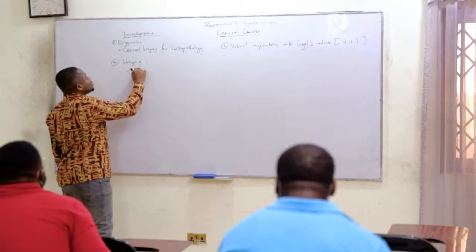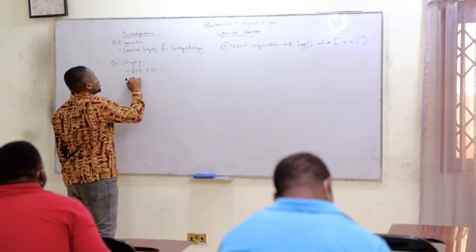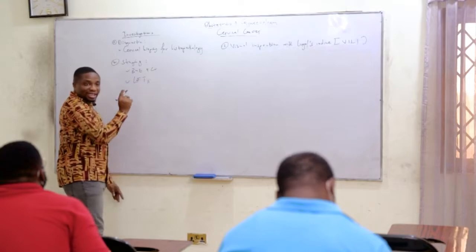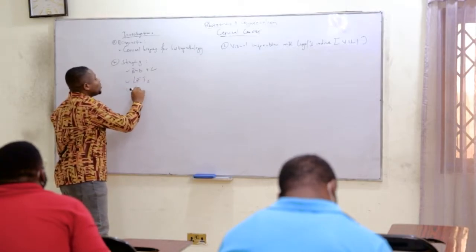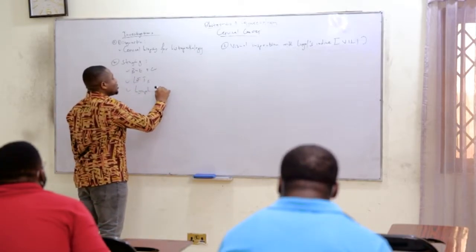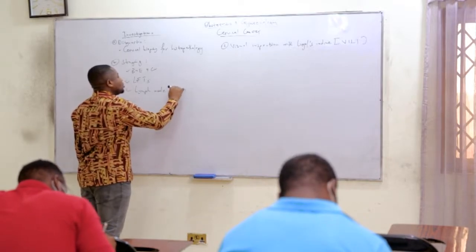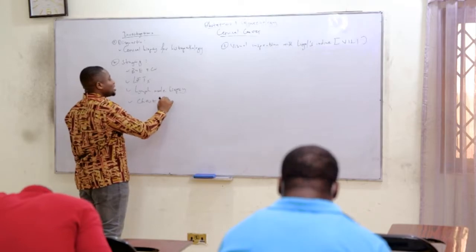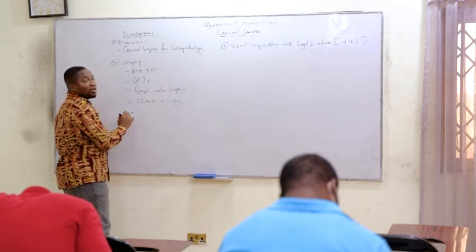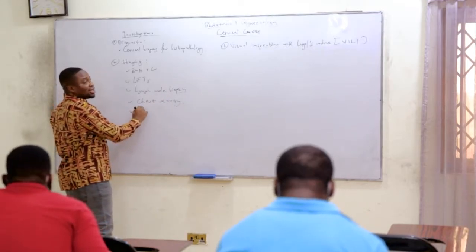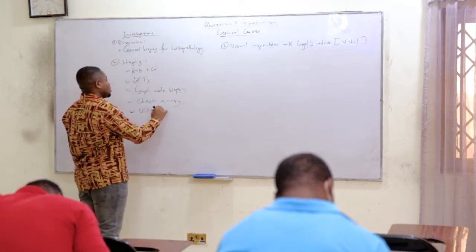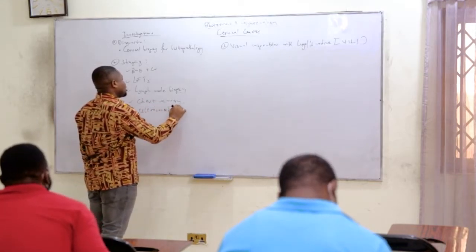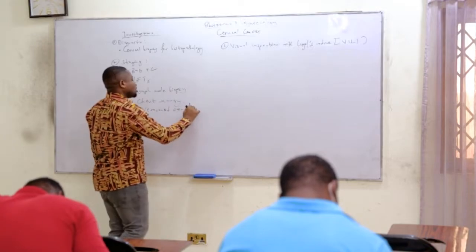Staging we can do urea and creatinine, true or false. We can do liver function test if the spread has gone there. We can also do lymph node biopsy, which you said rightly. Then we can also think of chest X-ray if there's involvement of the chest. We can also think of ultrasound scan of the abdomen and pelvis.